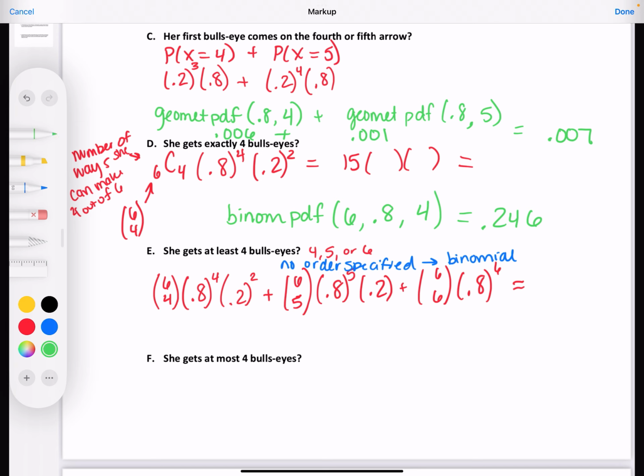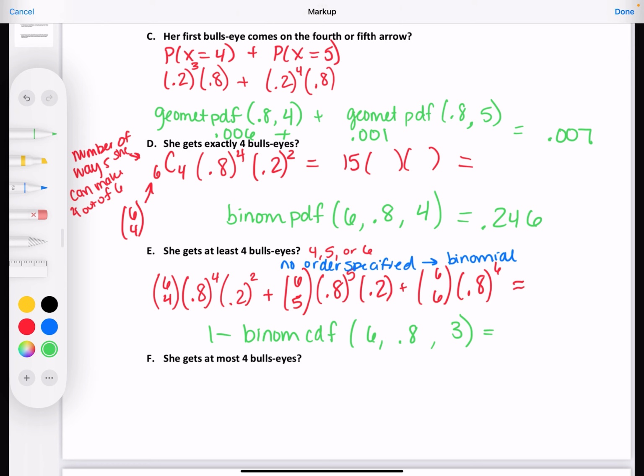So we can also do this as 1 minus the binomial CDF, because we care about 3 different options. So binomial CDF of 6, so how many trials, the probability of success, and then 3, which would mean 3 of them that were missed. So 1 minus that would account for 4, 5, and 6.